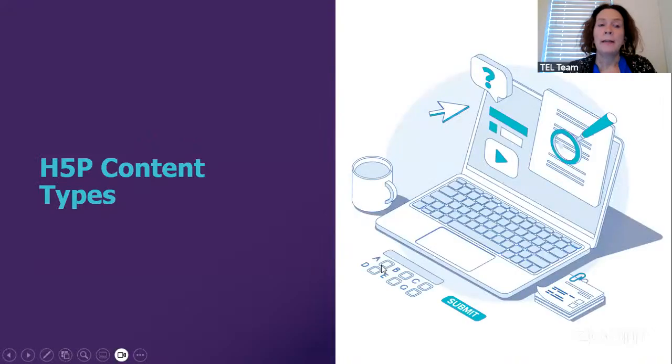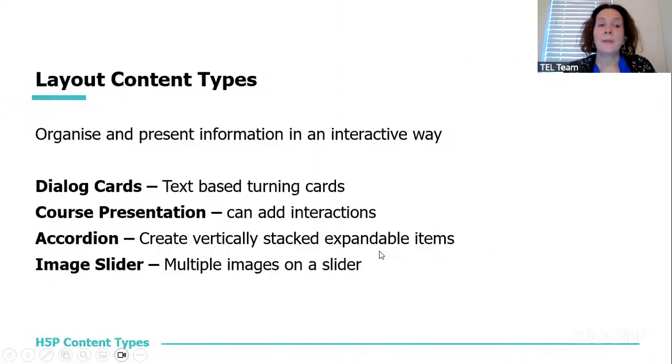So looking then at the different H5P content types, they're classified into layout content types and activity content types. Layout content types means that you can organize and present your information in an interactive way. Some examples are the dialog cards, which are text-based turning cards. I'll show an example of those in a minute.